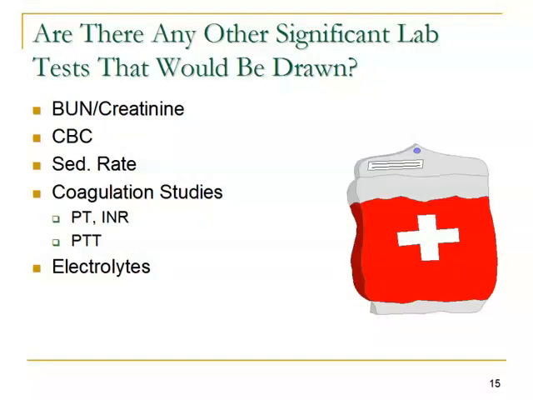A CBC can look at a white cell count elevation, which sometimes we do see on our MI patients. That's quite common. We'd like to do coagulation studies and look at the patient's PT, INR, and PTT levels, and also electrolytes, particularly the one you'd pay close attention to with a heart patient would obviously be the potassium level.